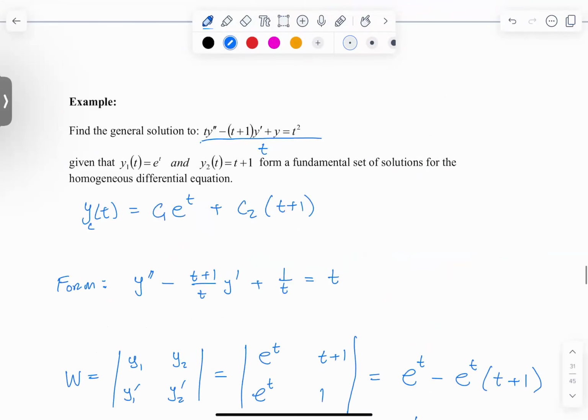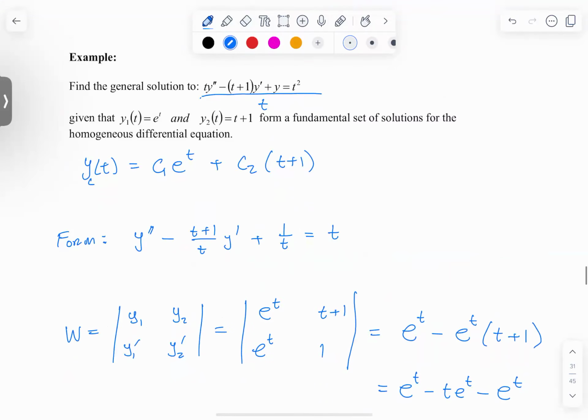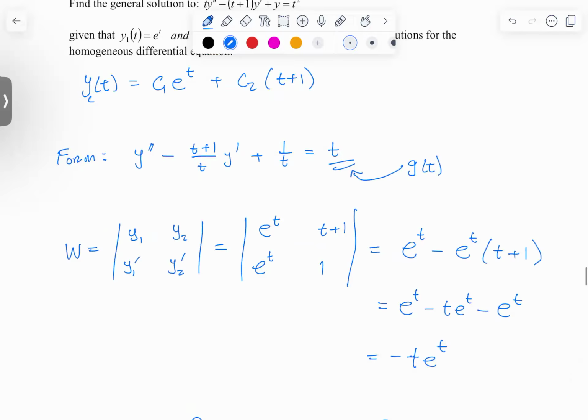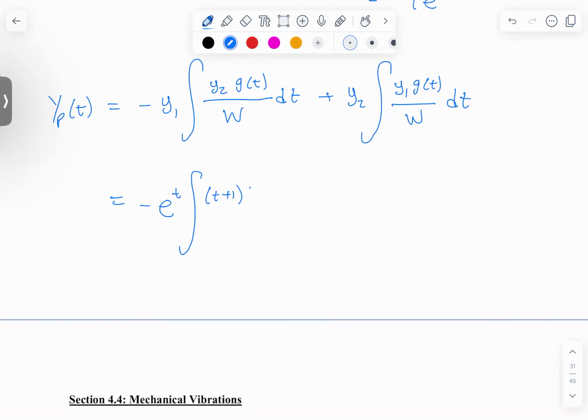Right, and g of t is simply just t here, right? I haven't been explicitly identifying this because it's whatever is on the right side. And this is why the form is important, because if you plugged in this one, I would end up with t squared, it'd be all messed up, which is why we have to make sure the form is correct. So g of t is just t.